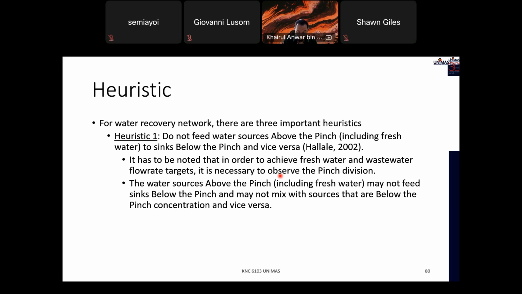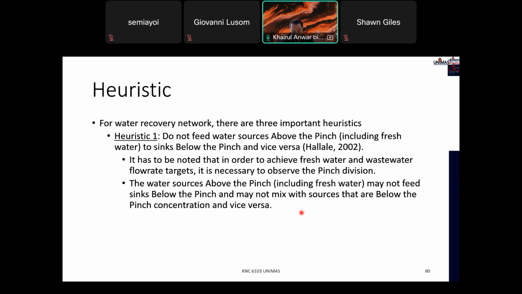For the water recovery network, there are three important heuristics. Fit water sources above the pinch. It has to be noted that in order to achieve the freshwater and wastewater flow rate targets, it is necessary to observe the pinch division.